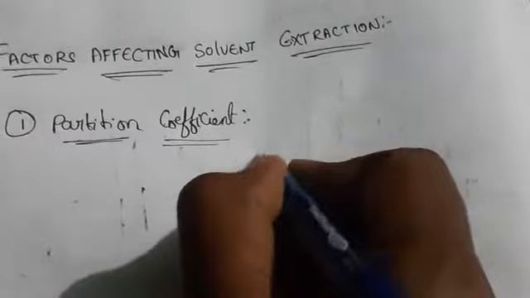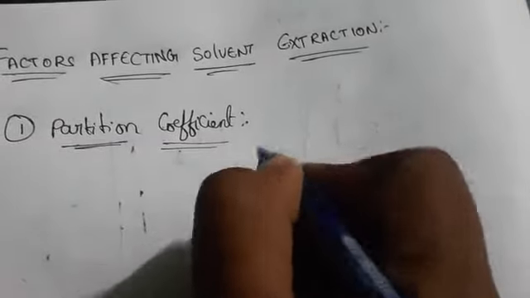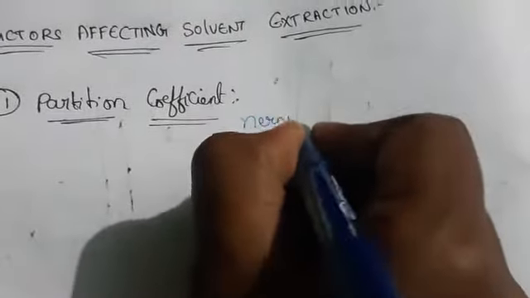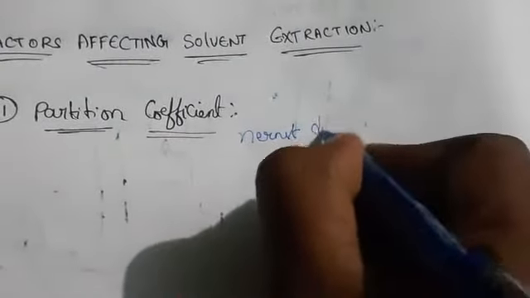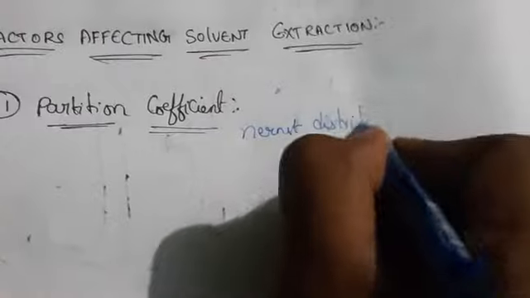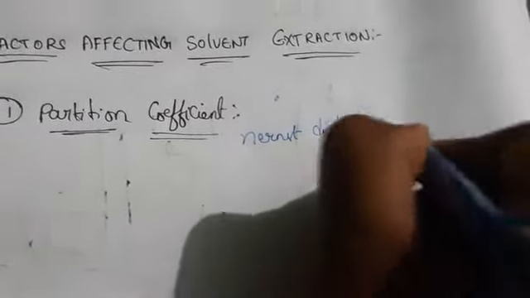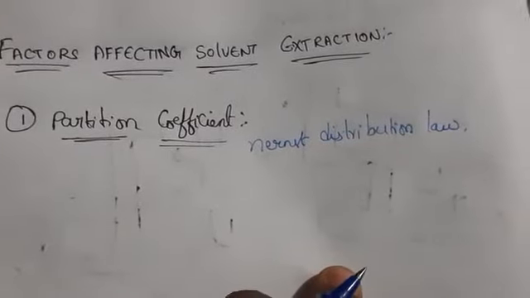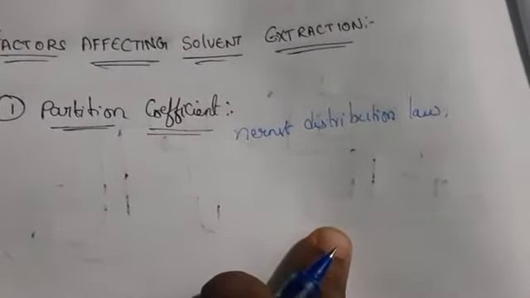Partition coefficient is also known as Nernst distribution law. What is Nernst distribution law?